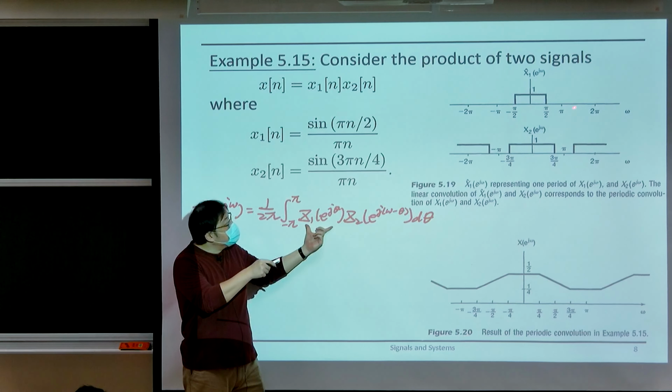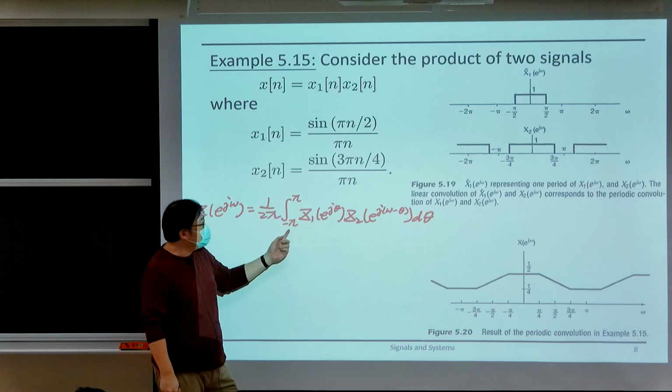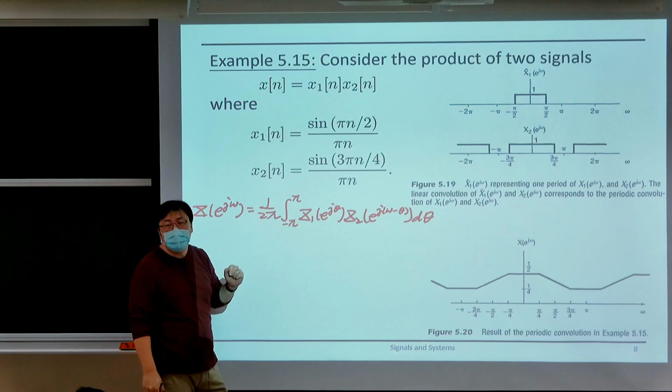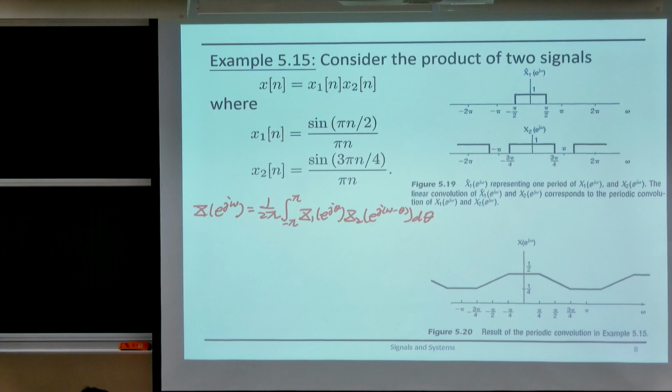Now, since x1 hat is 0 outside of this period, minus pi to pi, I can extend this integral from minus infinity to infinity. So I can write this as 1 over 2 pi, integral extended to infinity, by replacing x1 with x1 hat, times x2 of e to the j omega minus theta, d theta.